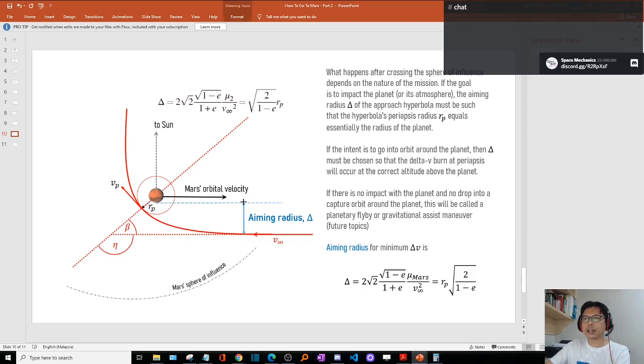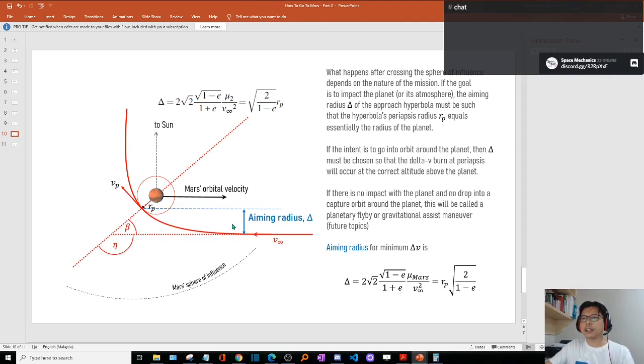So in our case, our aiming radius is this. I couldn't get it too straight, but that is our aiming radius.